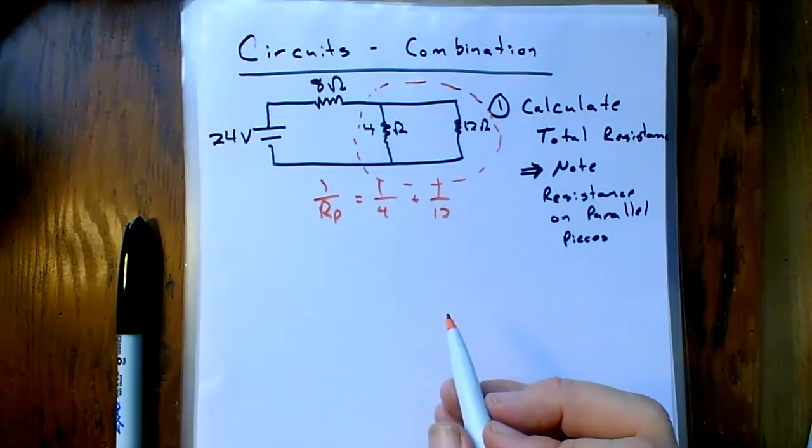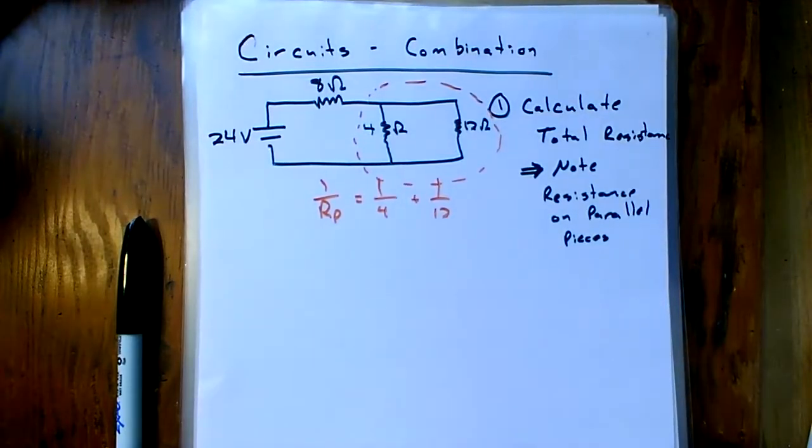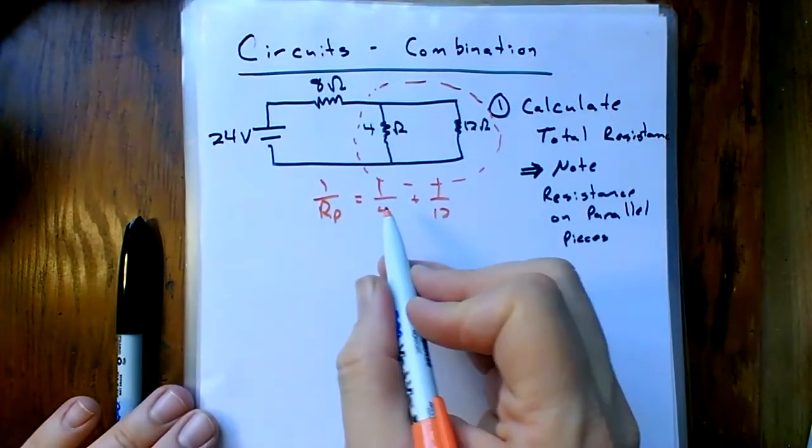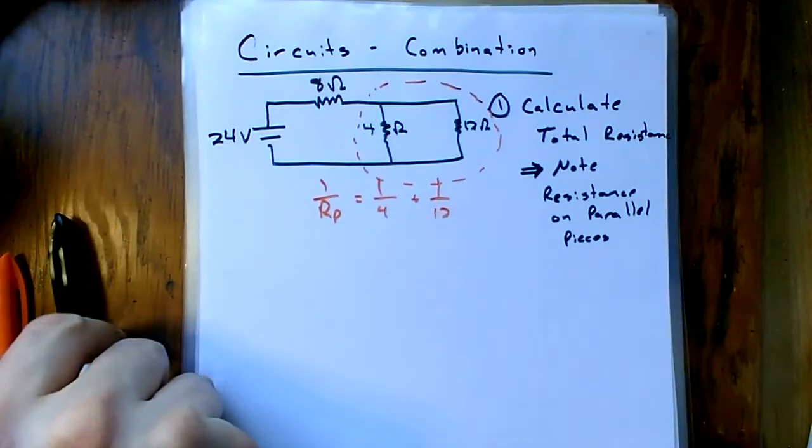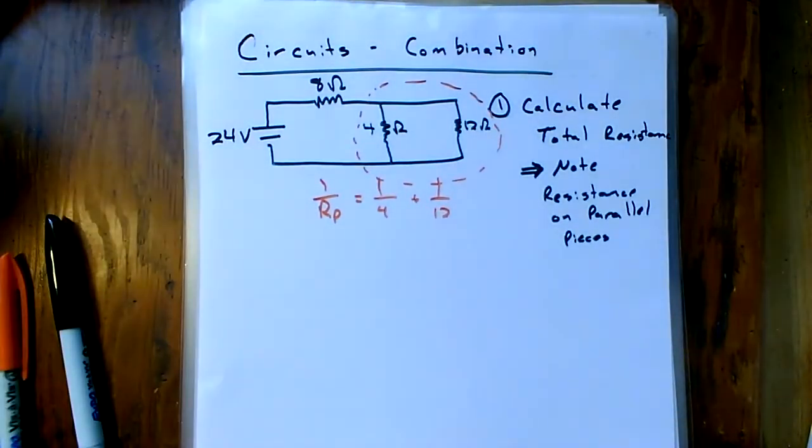Now, one of the things I could do is multiply these by the common denominators, and I'm just going to show you a quick shortcut with this.